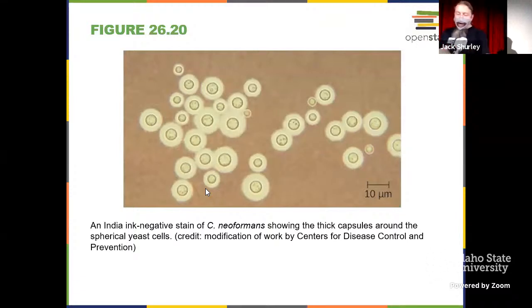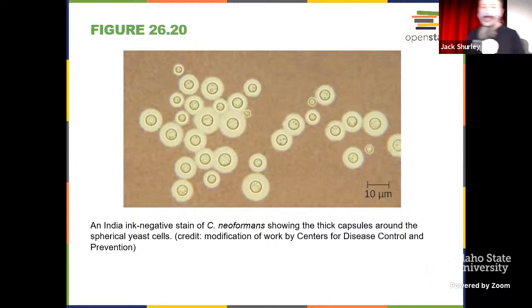So shifting over the littlest bit, I feel like we have already seen this image. I think we have Cryptococcus neoformans. These are very large yeast cells. So we're moving to a little bit of fungi.